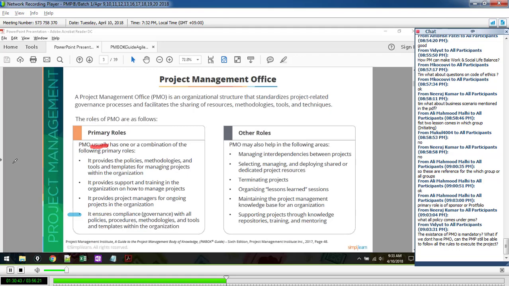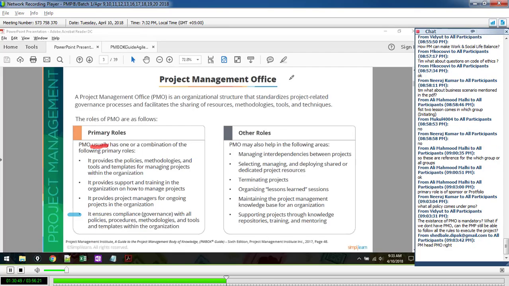What all policy comes under PMO? It depends. Let me say first, hold still, guys, just a second, okay? Niraj asked, what all policies come under PMO? It depends. Like if you're in the healthcare industry, you're going to have an administrative PMO. You're going to have a surgery PMO.